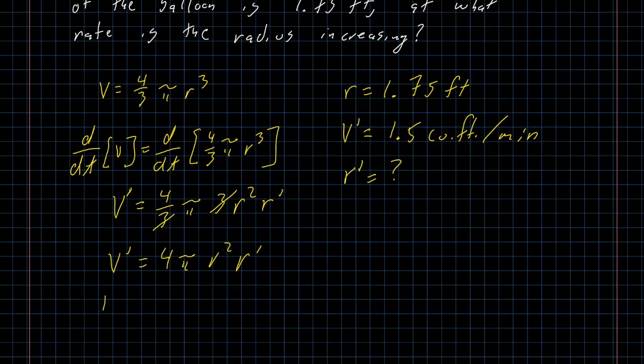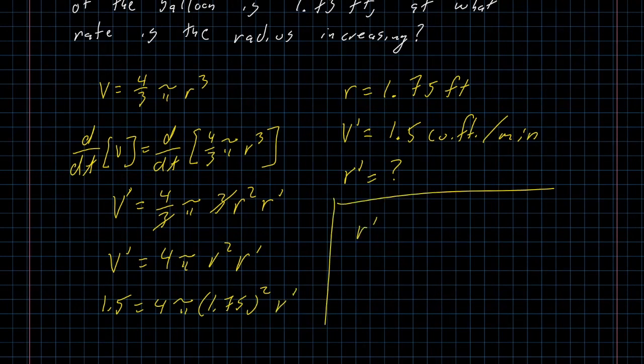All right, so 1.5 is equal to 4 times pi times 1.75 squared times r prime, which means that r prime itself is 1.5 over 4 times pi times 1.75 squared. And if you want to leave it at that, you're welcome to do so.